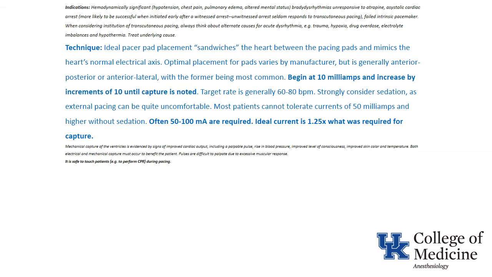The target rate, of course, being a normal heart rate of 60 to 80 beats per minute. And as it says in the slide, this transcutaneous pacing can be quite uncomfortable and may require sedation and or analgesia.